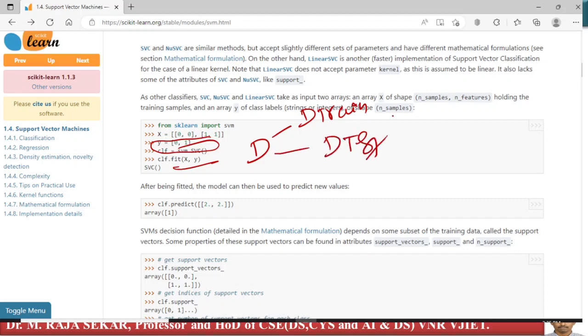The whole idea of cross validation and grid search is the same. Only thing you have to do is understand the classifier function. Here the classifier function is very simple, support vector classification, SVC.